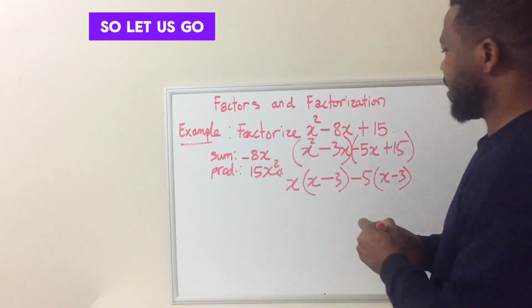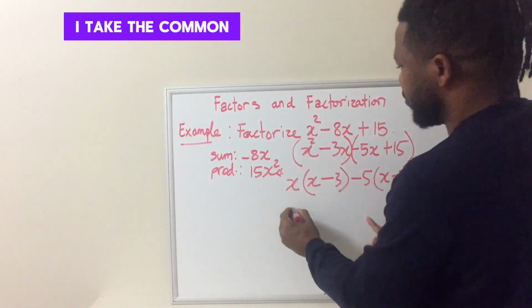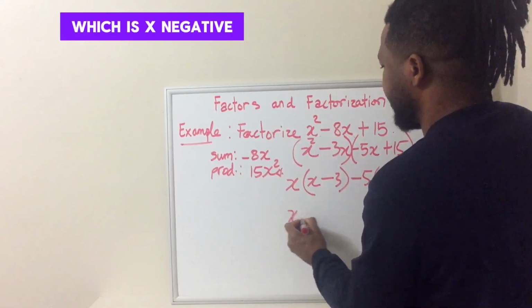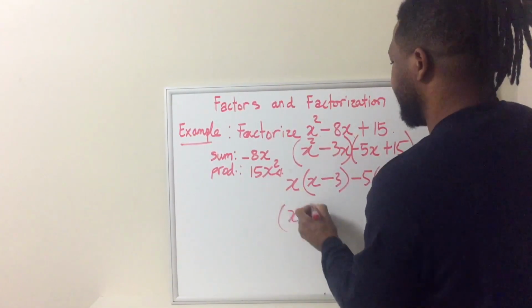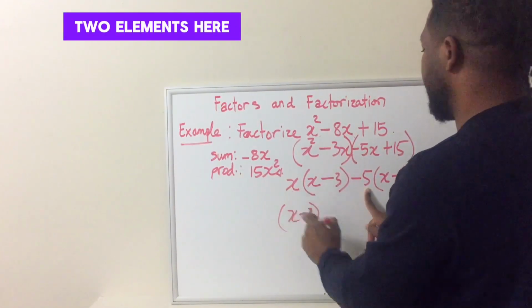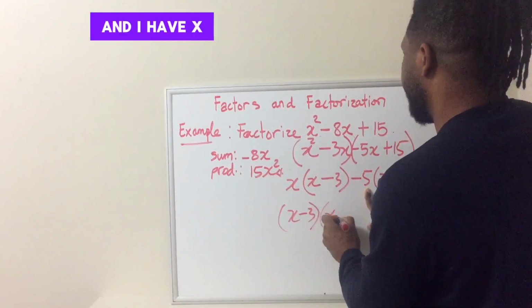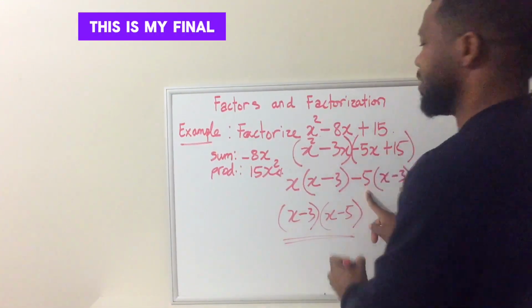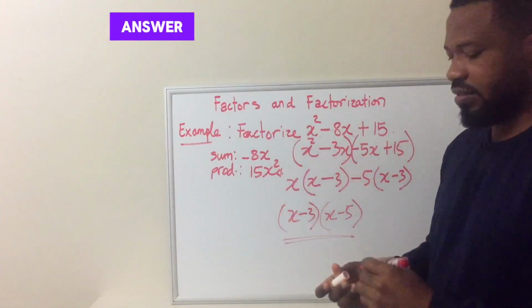So let us take the common factor here, which is x minus 3. Bring it out, and I'm going to group these two elements here, and I have x minus 5. This is my final answer.